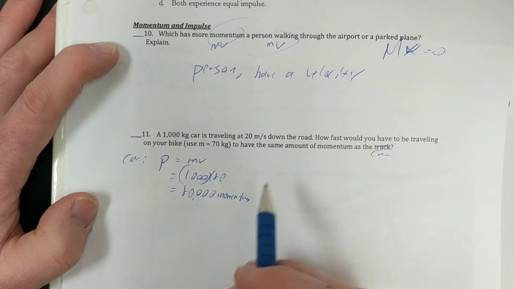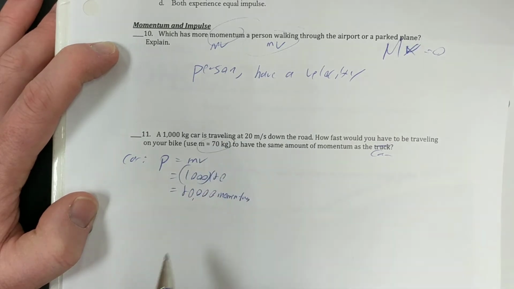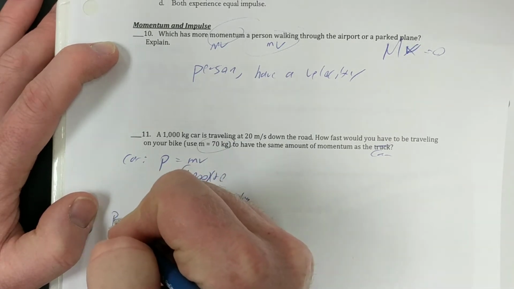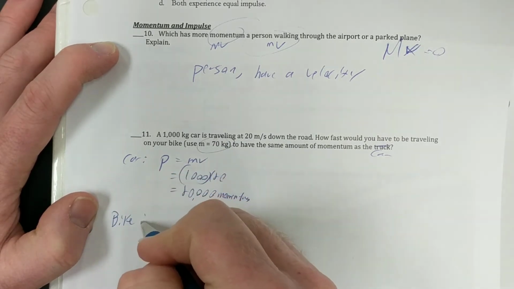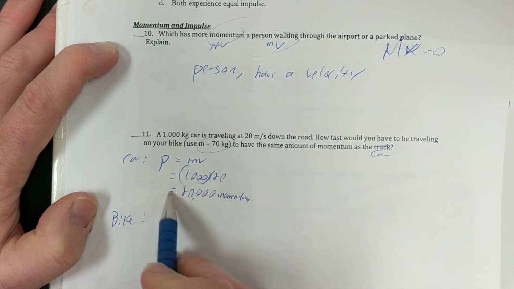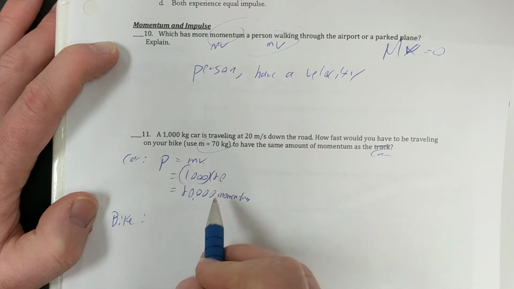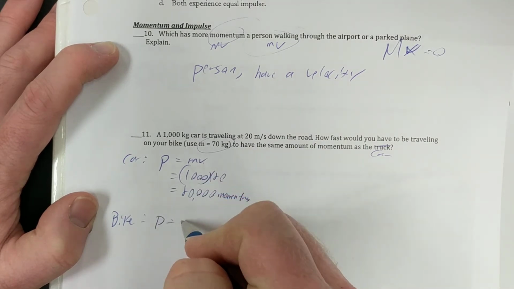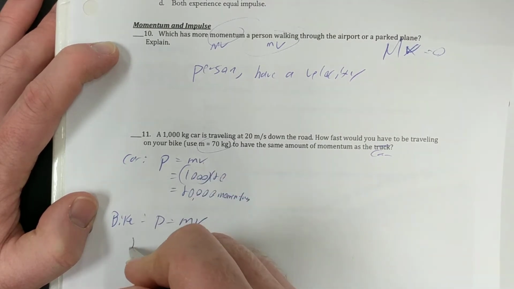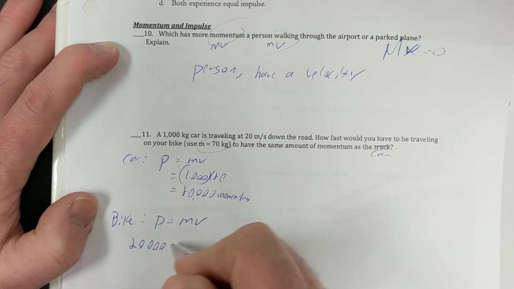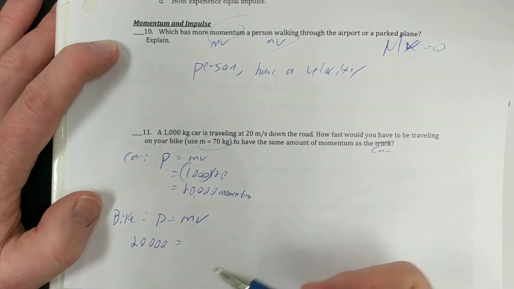All right, I now need the person on the bike, a 70 kilogram object, to have the same momentum. So I want it to have 20,000 momentums, and I want to figure out how fast it needs to go to have that. So P equals mv, but now 20,000 is the momentums I need.